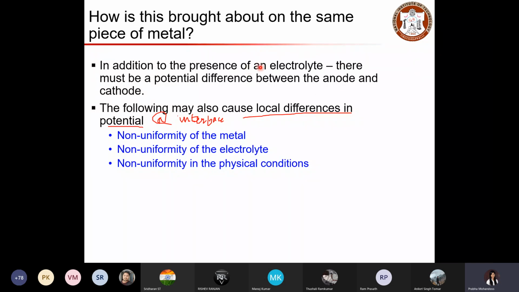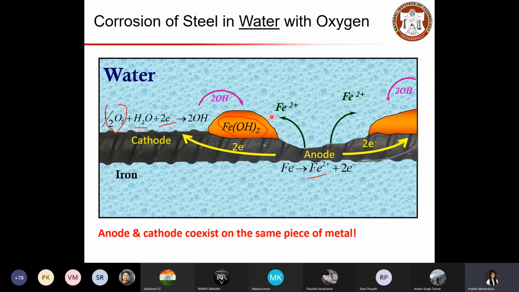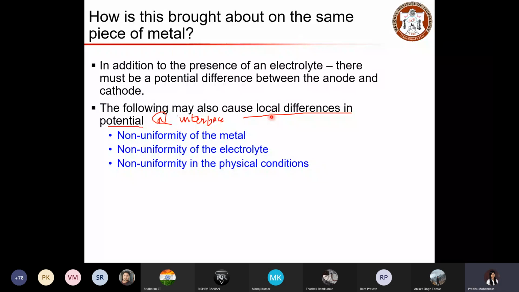So what are the things that could cause the potential difference? That may happen at the interface of your reinforced concrete, when you have your reinforcement embedded in concrete, and during the manufacturing process there could be some differential composition in your metal. That non-uniformity of the metal could lead to local differences in the potential.